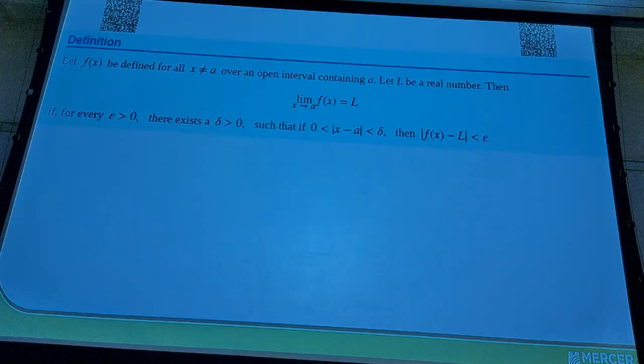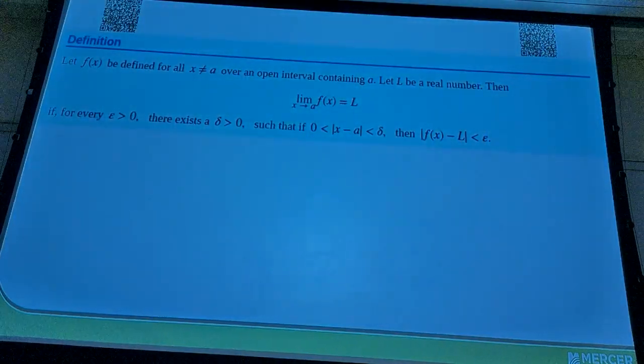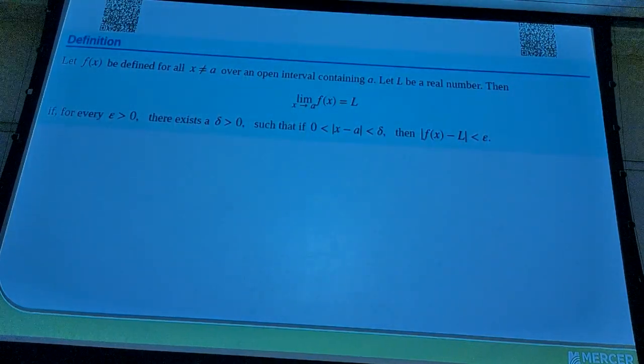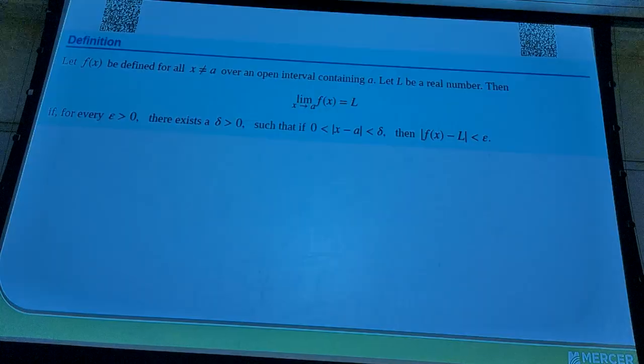In plain English, this says we can make f of x arbitrarily close to L, as close to L as we want, by choosing x to be sufficiently close to a.